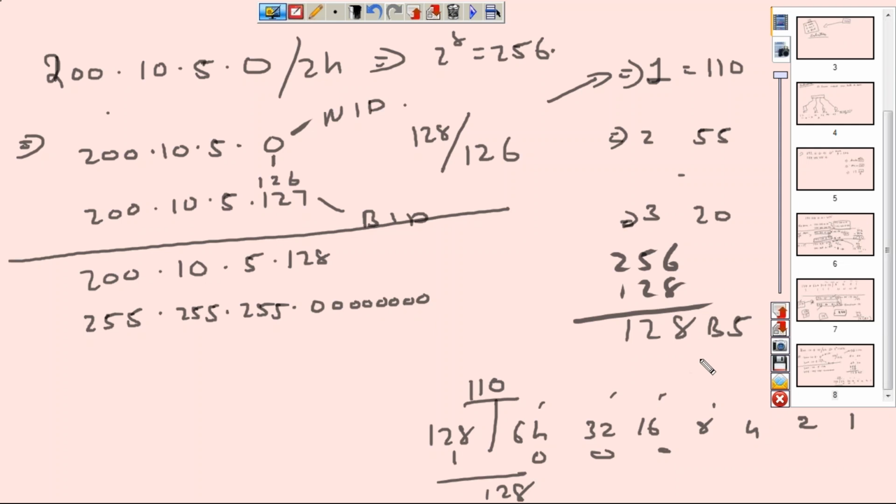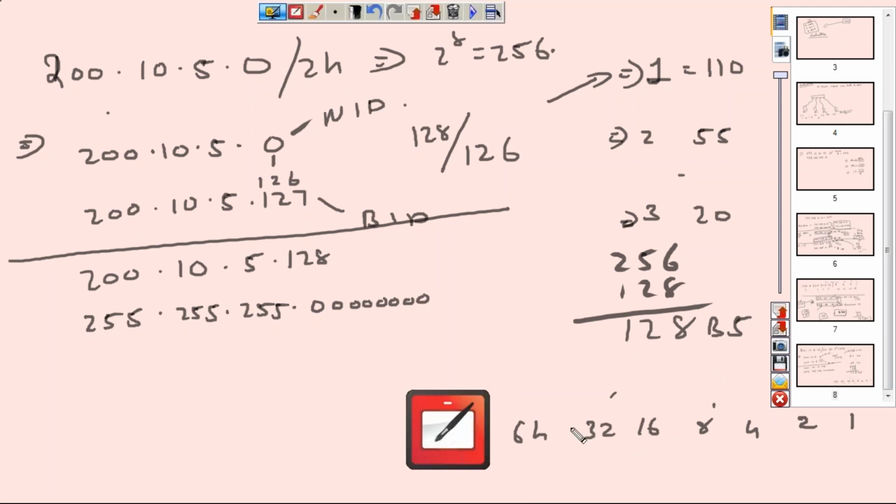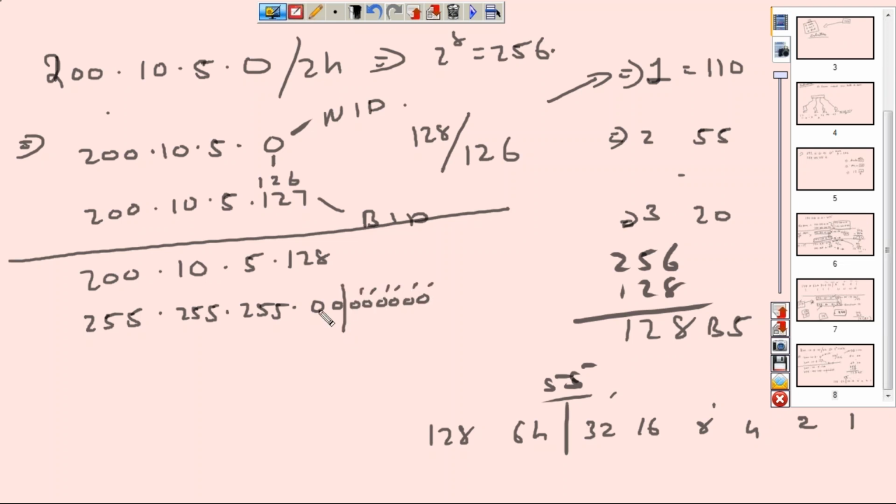What is the next requirement? 55. Let's find out how many bits it takes to make a network of 55. 1, 2, 3, 4, 5, 6. 6 bits. Whatever we don't need, we throw out there.